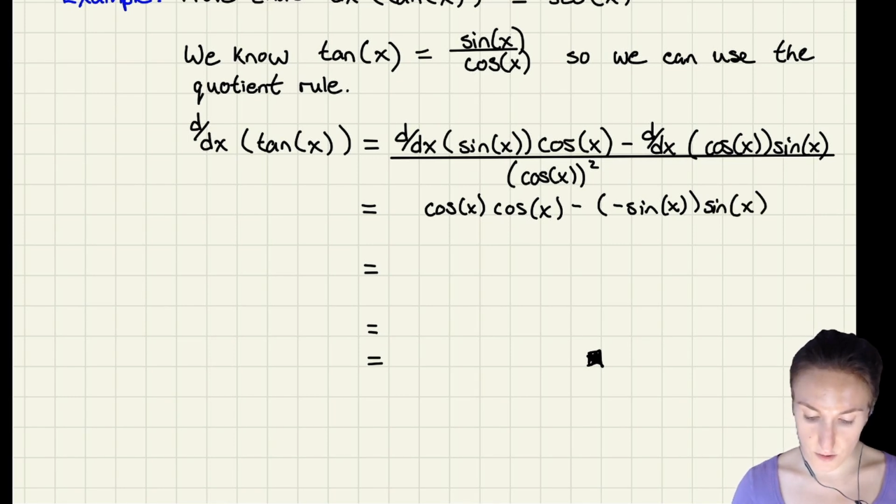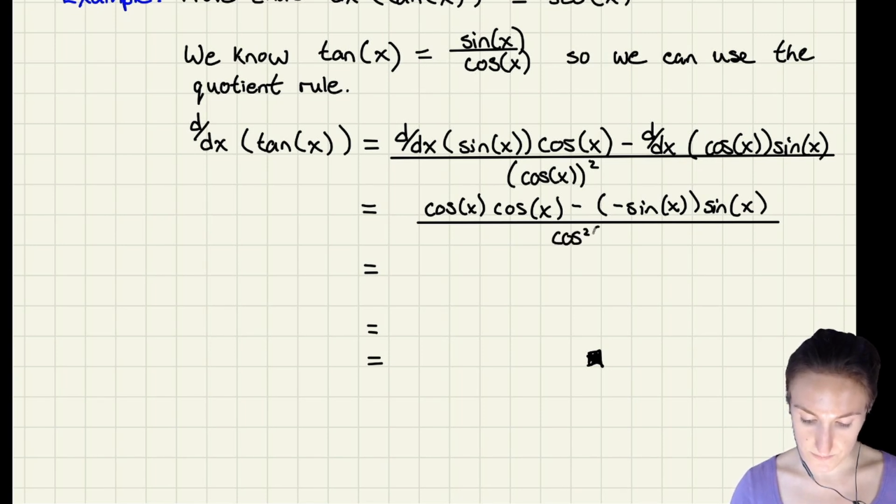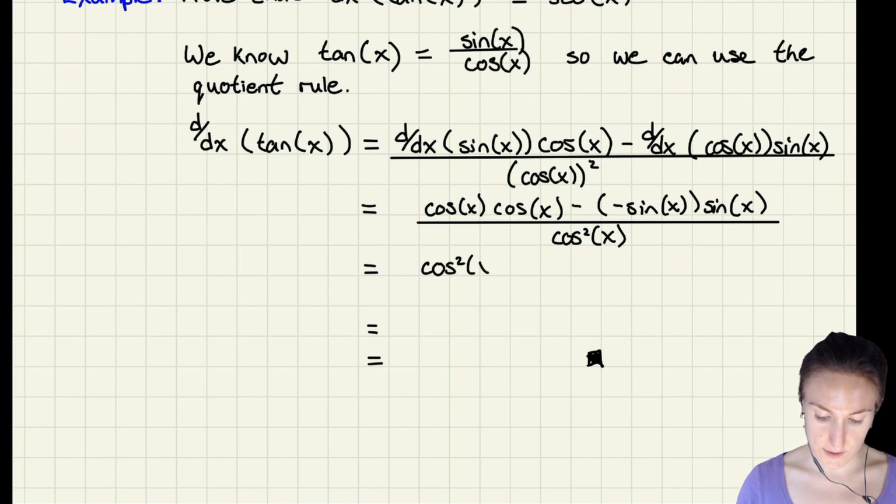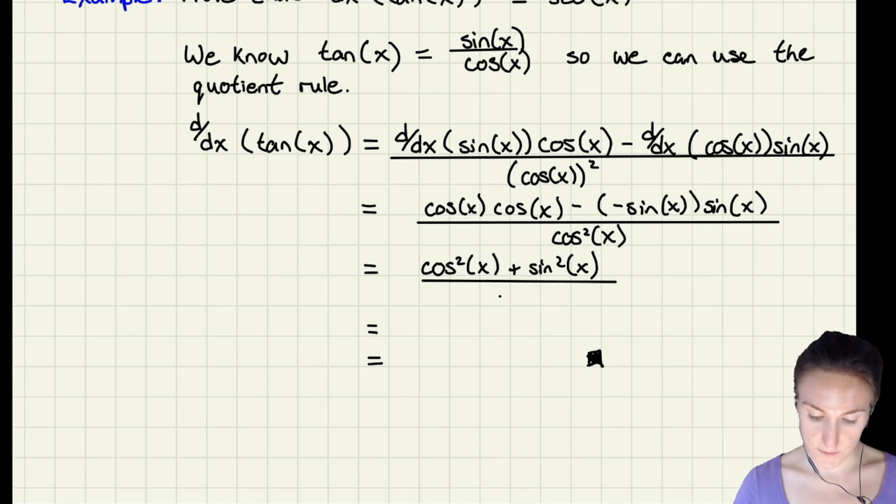And again, all of this is divided by cos squared x. So the first term here, we're going to get a cos squared. The negatives will cancel, and we'll get plus sine squared. So cos squared x plus sine squared x, all divided by cos squared x.